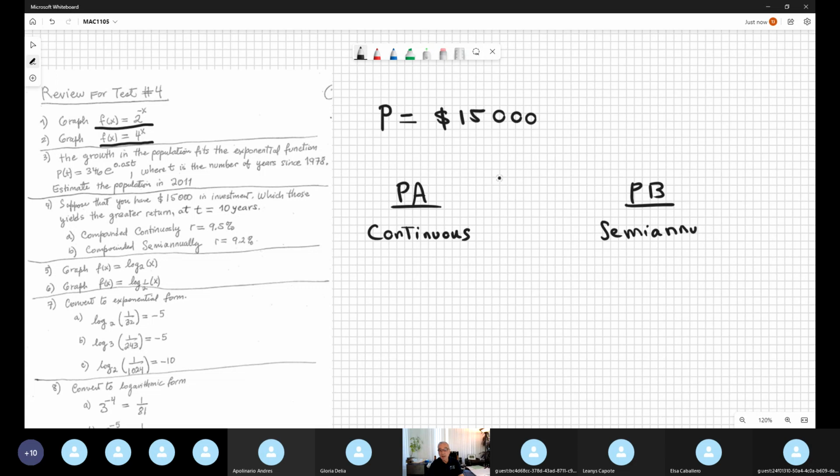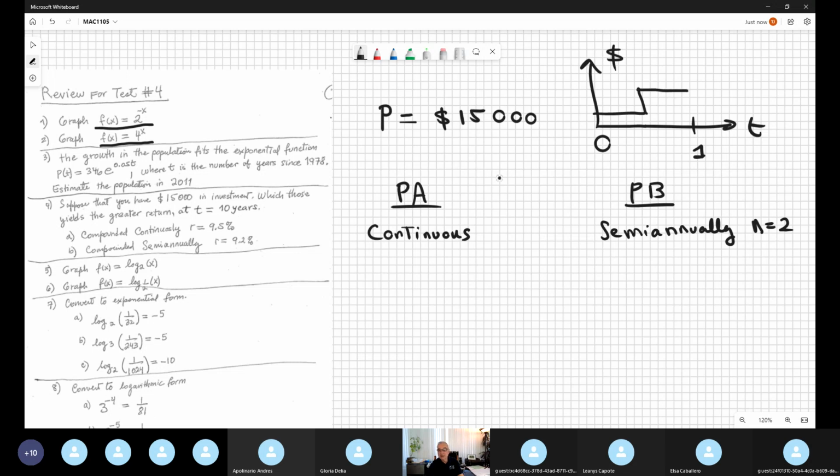Semi-annually is equivalent to say compounding twice a year, because my money is increasing, supposedly this is the time, this is my money, suppose that this is 1 year, 2 times in 1 year, 6 months, my money, and the other 6 months, my money.